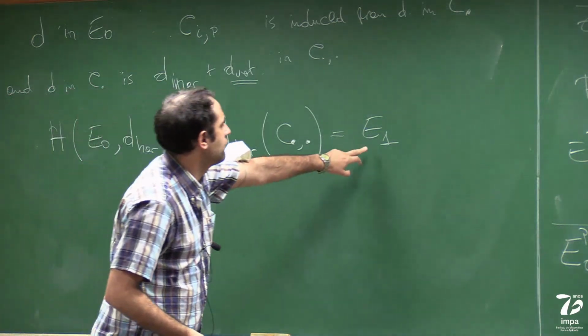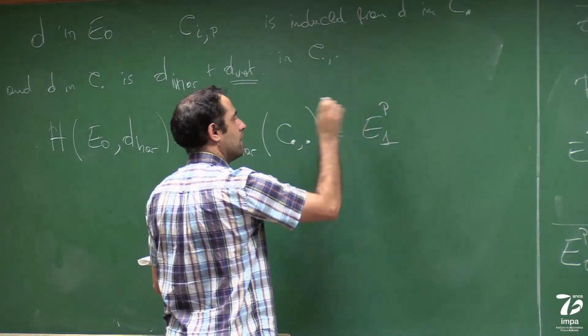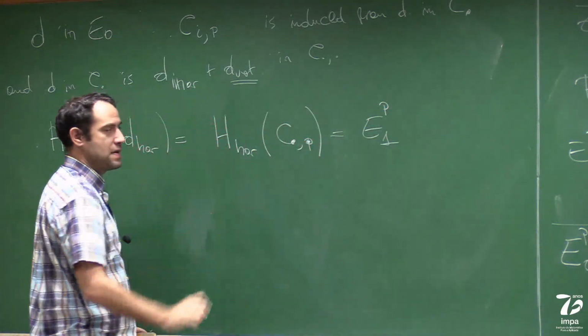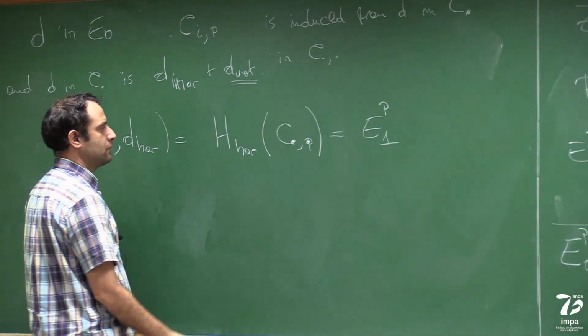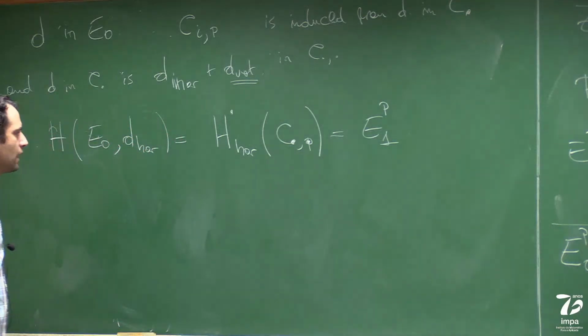Now, my E1, remember I was looking at degree p. And degree p had this guy here. And this homology is this complex. Okay, so now how about E2?